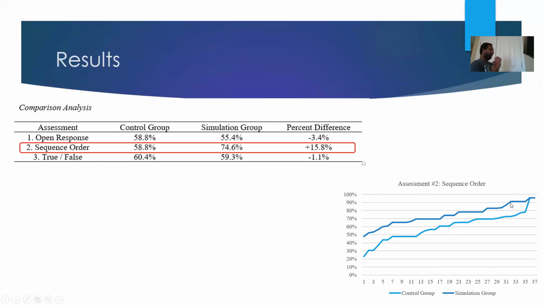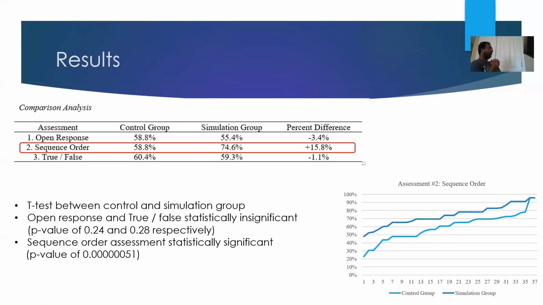In order to test the significance, we ran some t-tests between the control group and the simulation group. As expected from the table right here and from this chart, the open response and true-false were statistically insignificant, with p-values of 0.24 and 0.28 respectively.